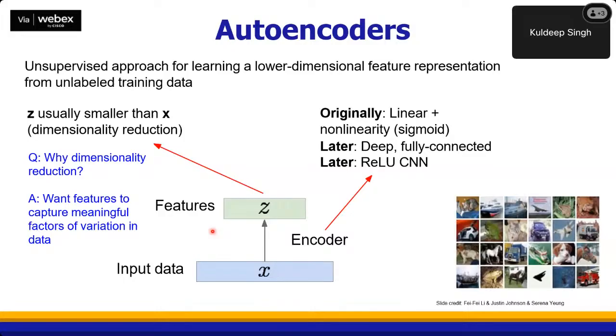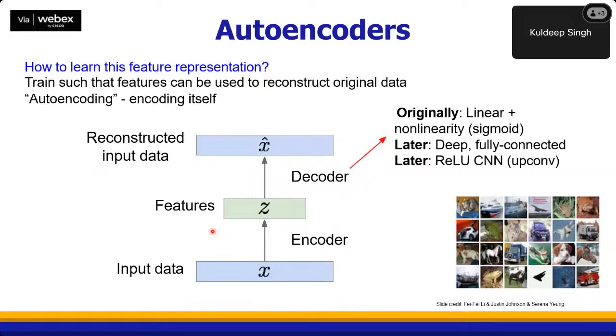Now, what do we want? What does this decoder do? And how do we train this encoder? How do we learn these feature representations?